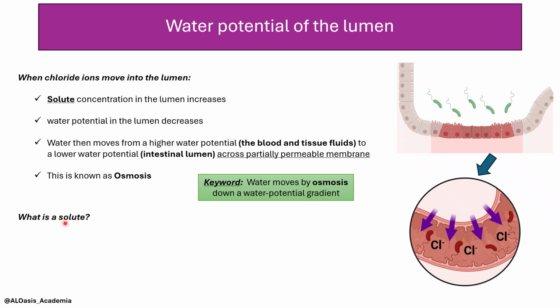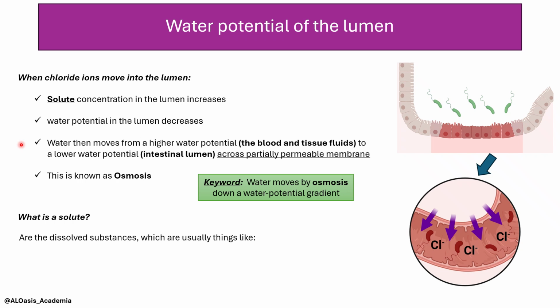So now we go back to the first thing that I said, solutes. What do I mean by solute here? When chloride ions move into the lumen, they increase the solute concentration in the lumen. Solutes are substances that are dissolved in water or in a liquid.